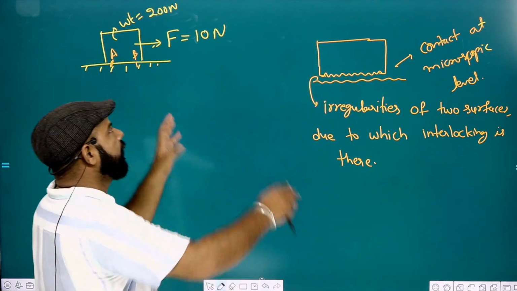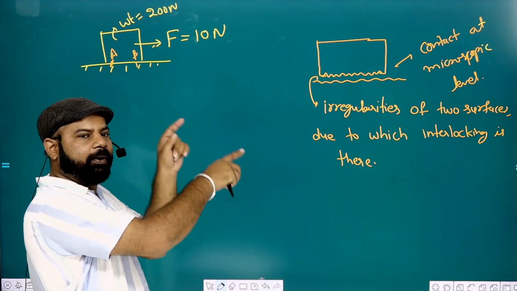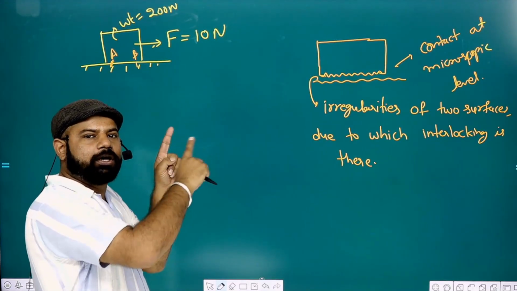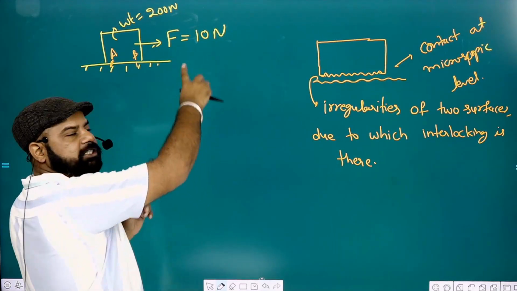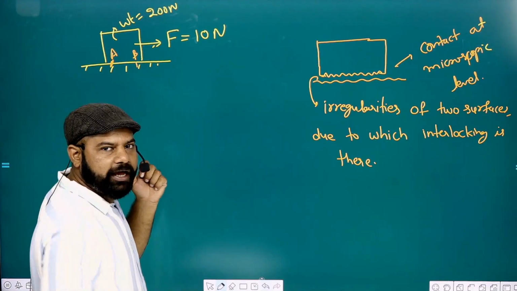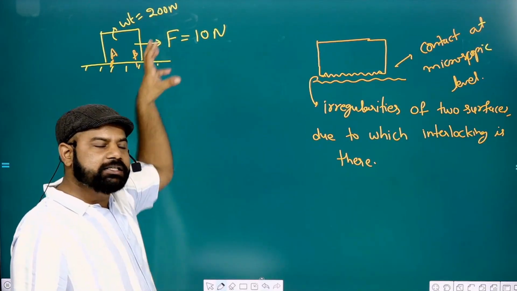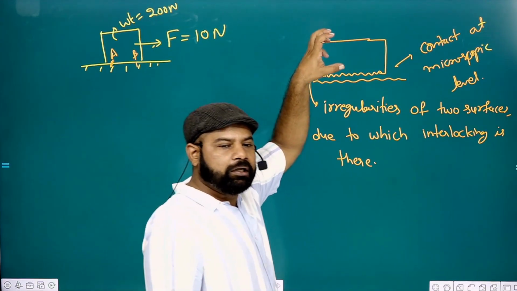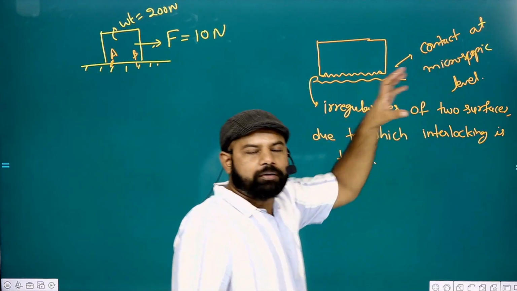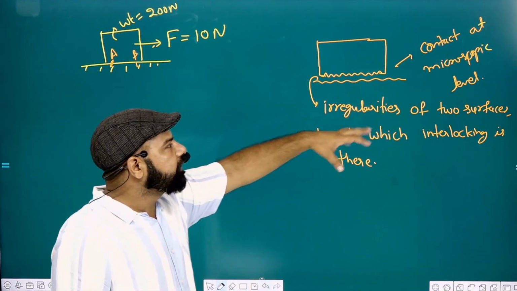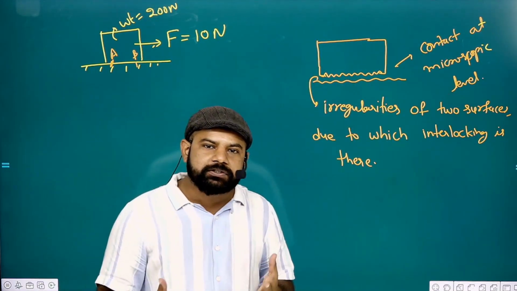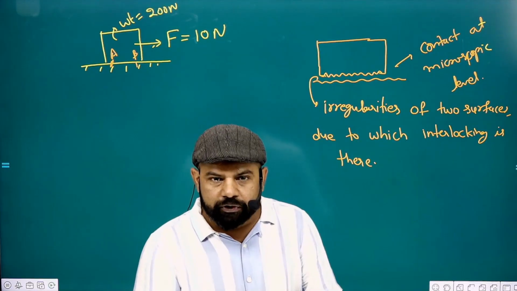So here there is no relative motion, but there is tendency to relative motion. This force is trying to pull this block in the forward direction, but this interlocking is not letting this block move in this forward direction, or we can say this is providing resistance against that relative motion.